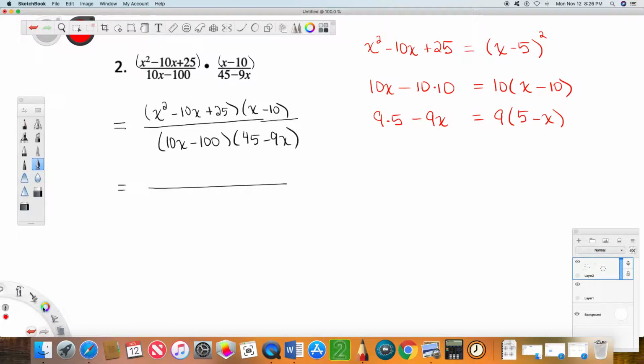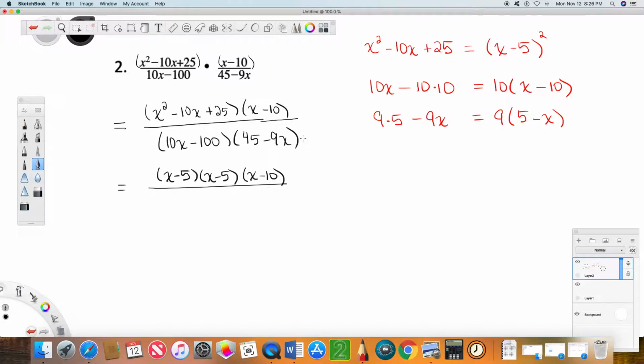So if we rewrite these expressions in factored form, we'll be able to see things a lot more clear. So we've got x minus 5. And I'm even going to write it, since it's squared, as x minus 5 times x minus 5. And then I've got times x minus 10.